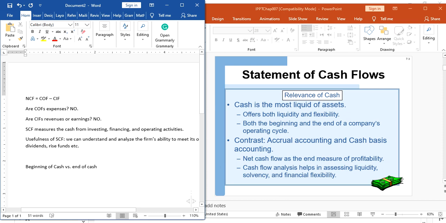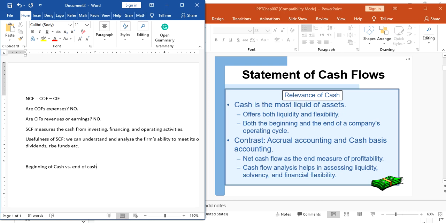So there are two different methods for preparing cash flow statements. And what is important to know here is cash provides both liquidity and flexibility. So what do we mean by liquidity? Liquidity is the ability of the firm to raise cash or equivalent for emergency events.